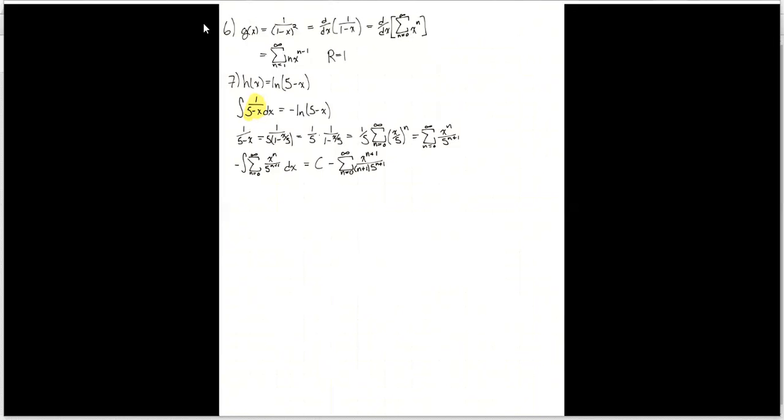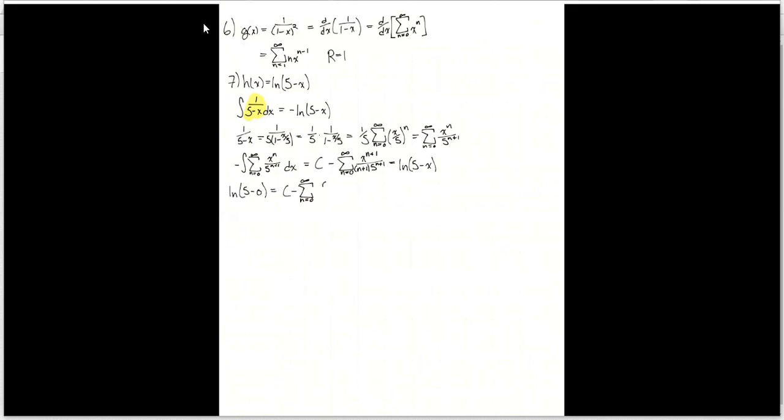So we're not quite done yet, right? We can actually find out what C is, because remember, this supposedly is equal to the natural log of 5 minus x, right? So I say that the natural log of 5 minus 0 is big C minus the sum here, n equals 0 to infinity.